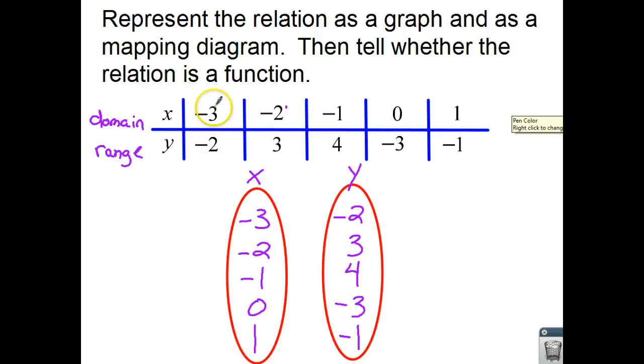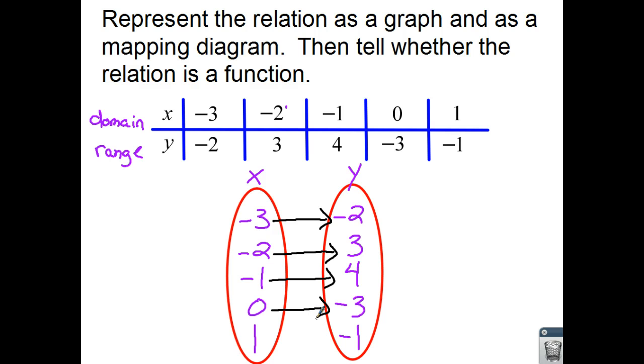And now we're going to draw arrows for the paired data, so our ordered pairs. So it says my input is -3, so my output for that will be -2. And I'll draw a little arrow. My input is -2 and my output is 3. Input -1, output 4. Input 0, output -3.